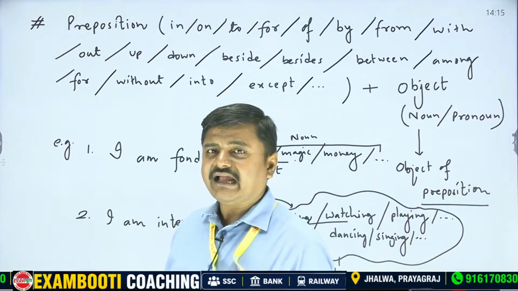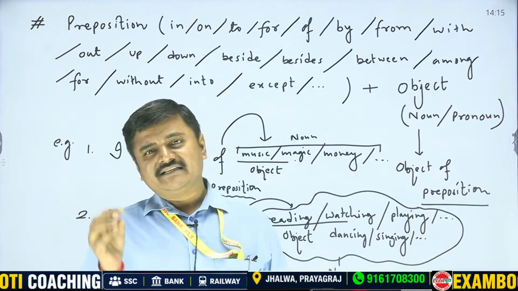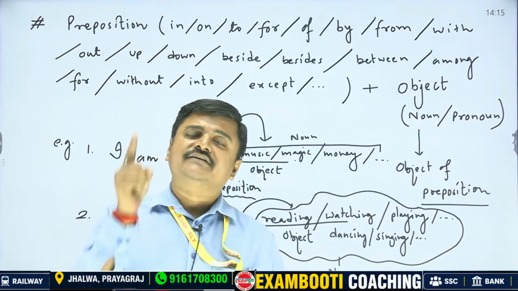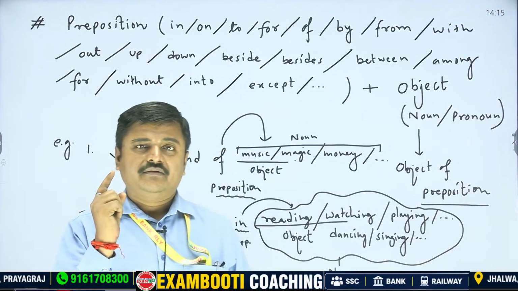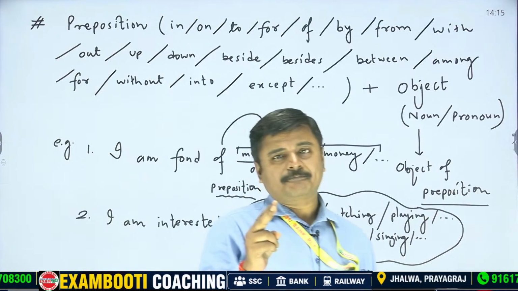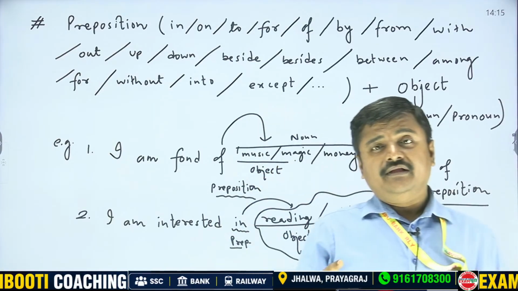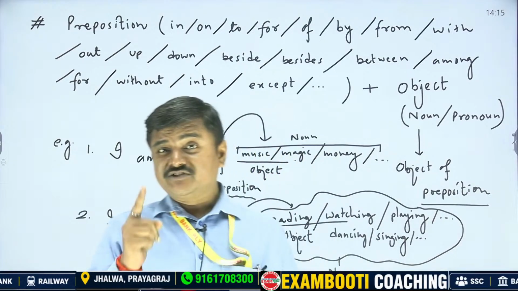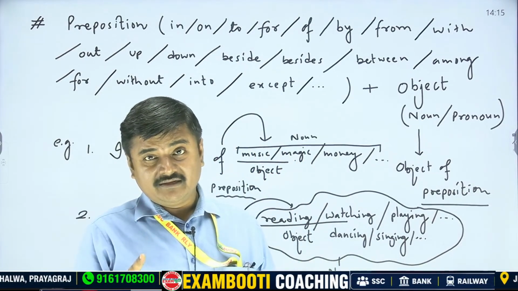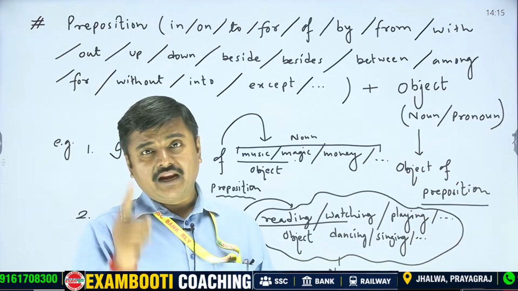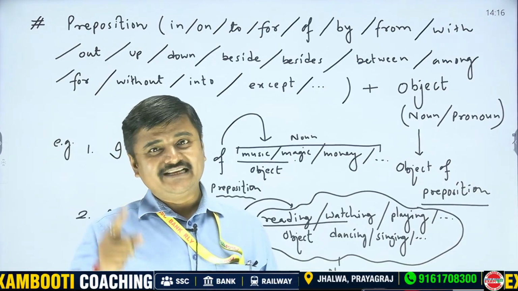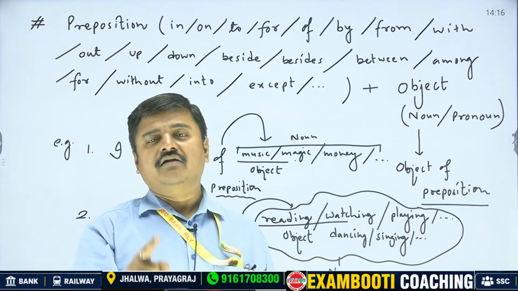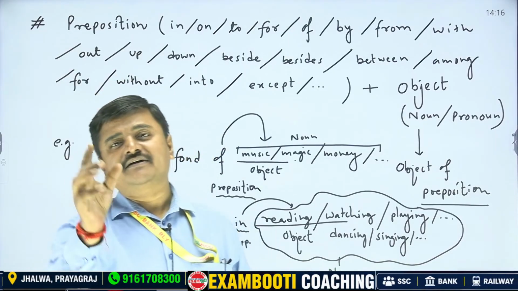They think that there is always an object after a verb. So there are two things. The first, it is not necessarily the priority or requirement of first degree that there must always be an object after a verb.